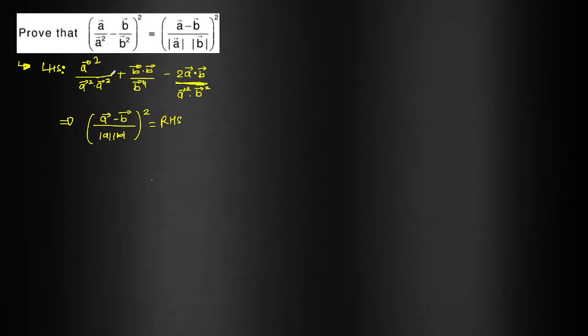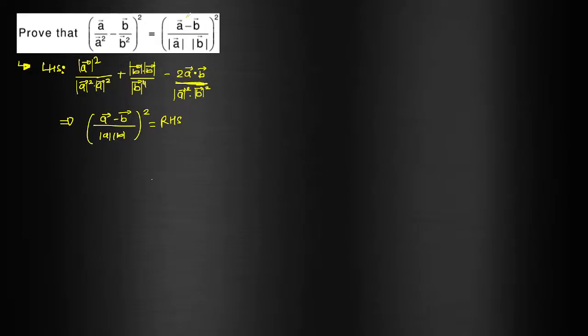Now we know that this is the magnitude of A square, so A square is mod of A square, and mod of B square.